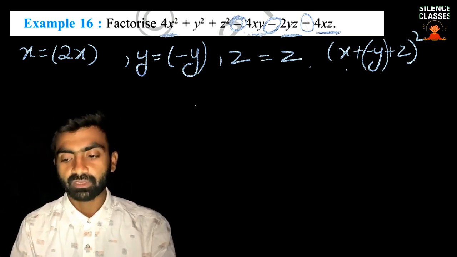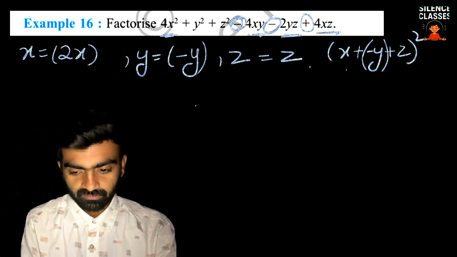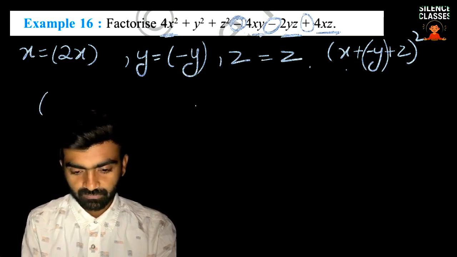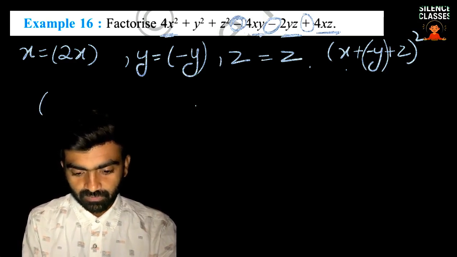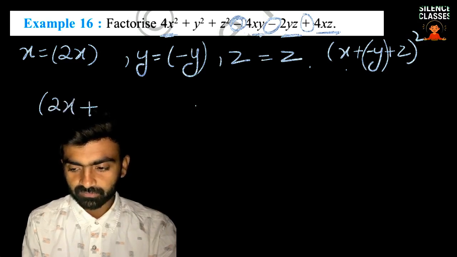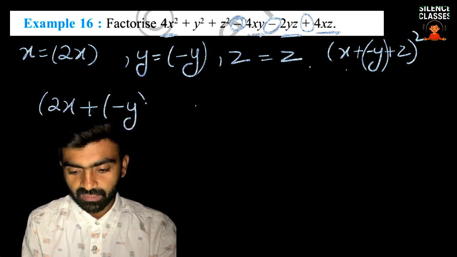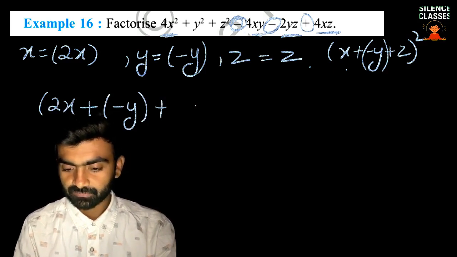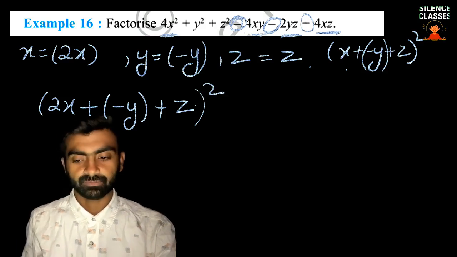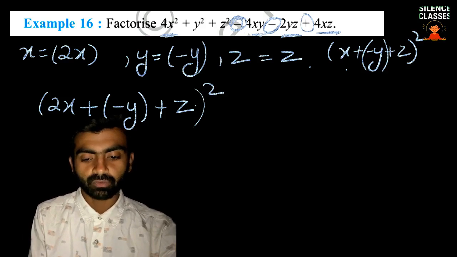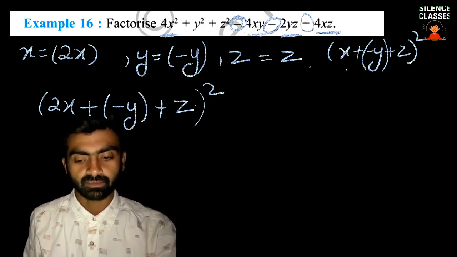So now I will use the identity, that is a means 2x, plus minus y, plus z, whole square. We will use this particular identity. When I open this identity we will get this particular factor.